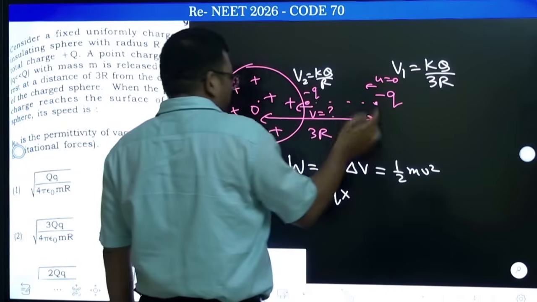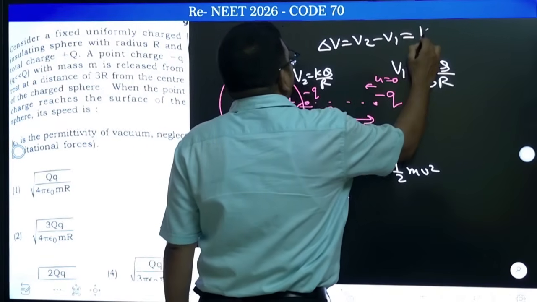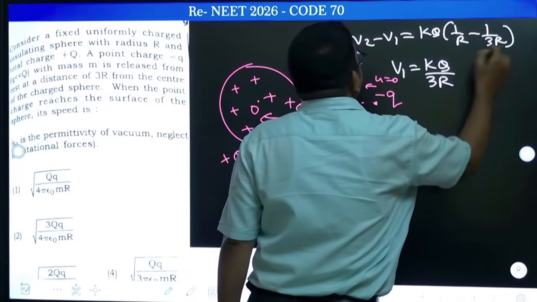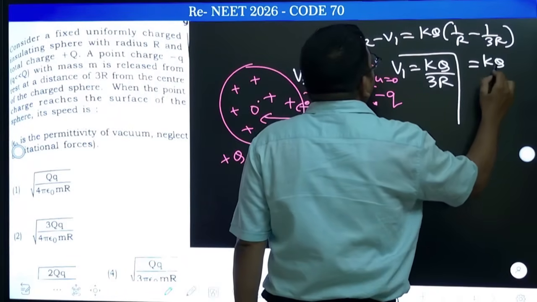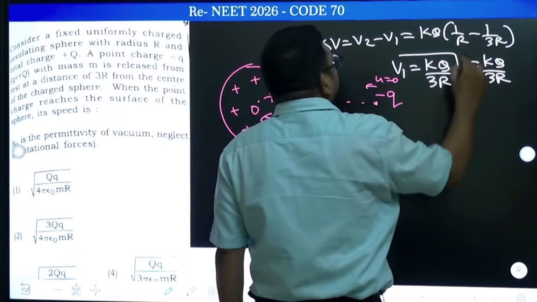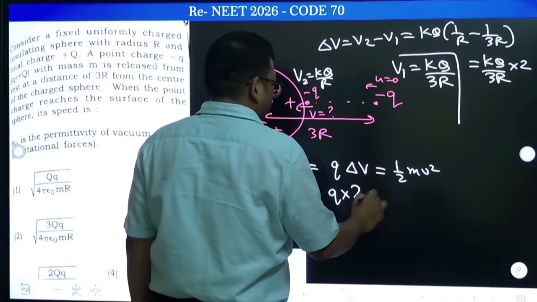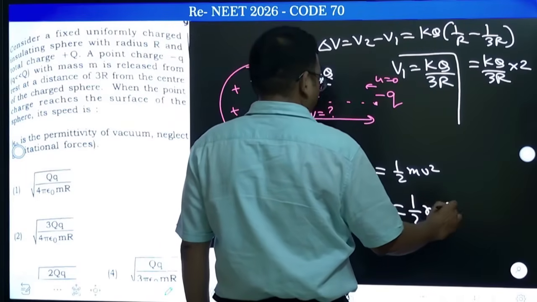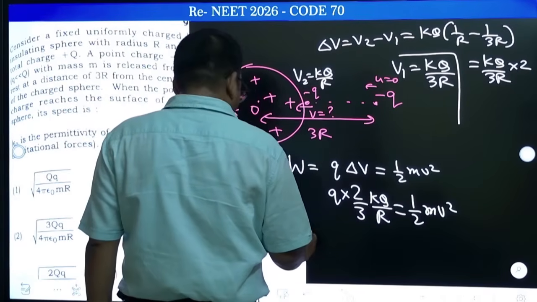So the change of potential, V2 minus V1, is KQ times (1 by R minus 1 by 3R), which gives KQ by 3R with a factor of 2. Now you put it here: 2 by 3 KQ by R equals half mv square. So from here you can calculate V.